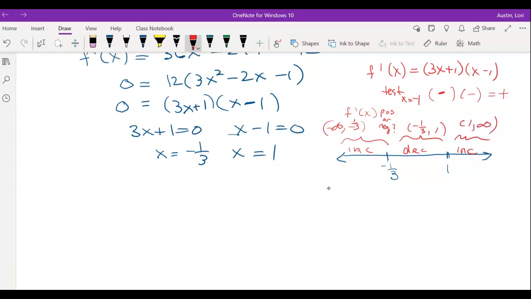You're done. All I wanted to know is what intervals is it increasing and decreasing? Your original function is increasing. So how would you write this out? Increasing between negative infinity and decreasing.